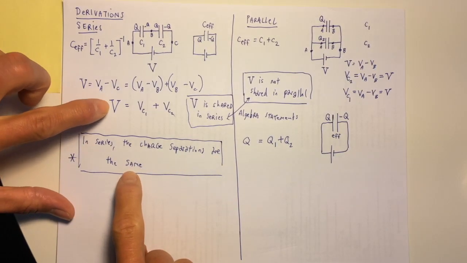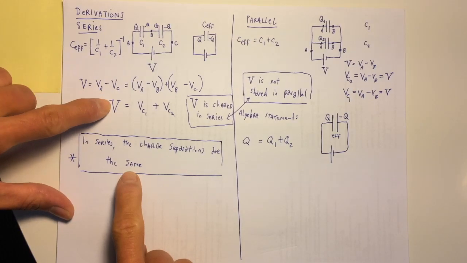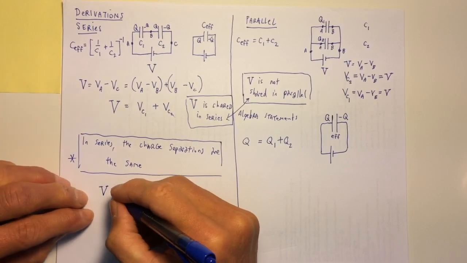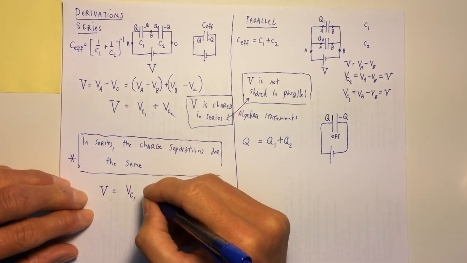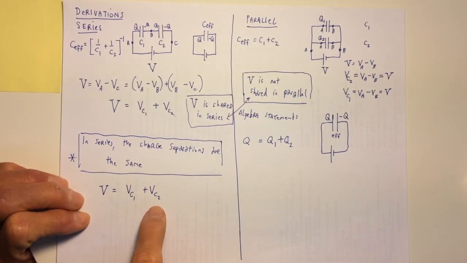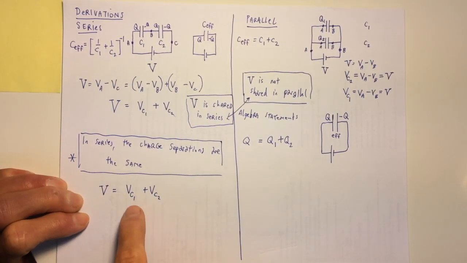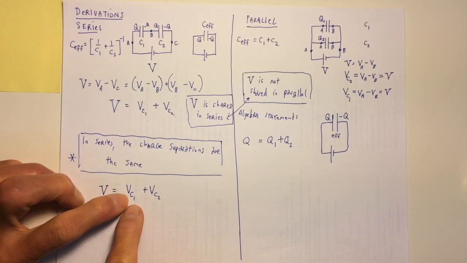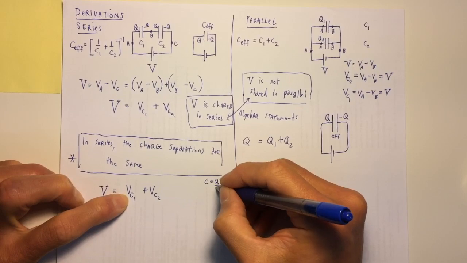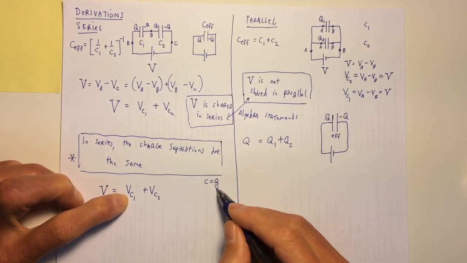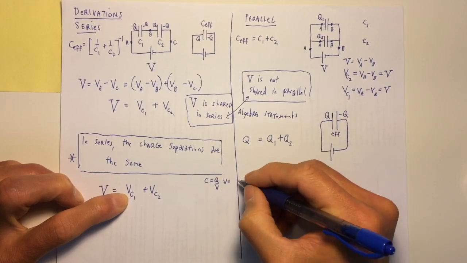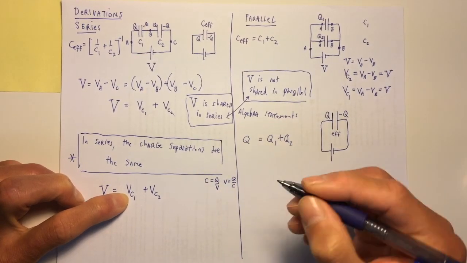Now let me take my voltage equation here. So V, this is the battery voltage, is equal to V sub C1 plus V sub C2. So the battery's voltage is shared amongst the two capacitors. So the voltage across C1 is, remember that C is Q per V. If I solve for V in this basic capacitor equation, I get V equals Q per C, like this.